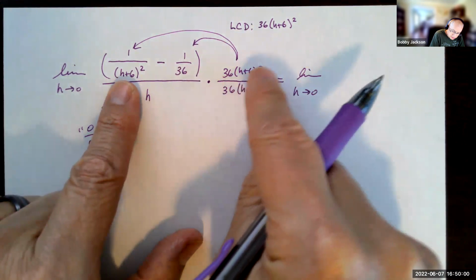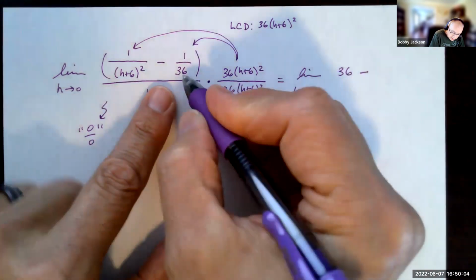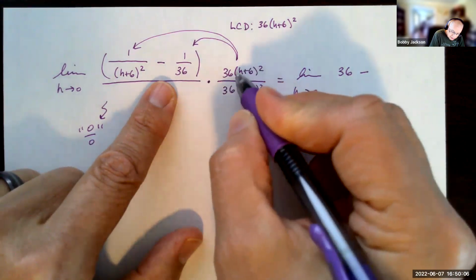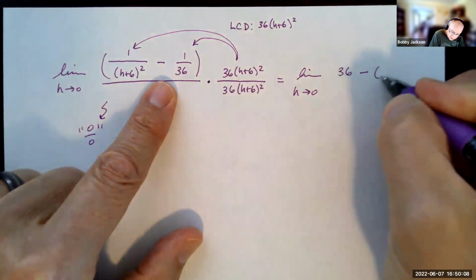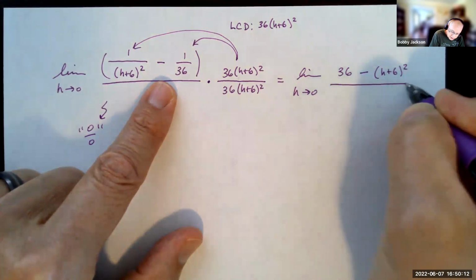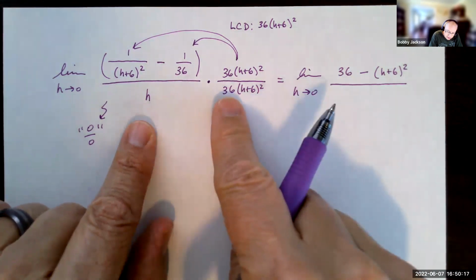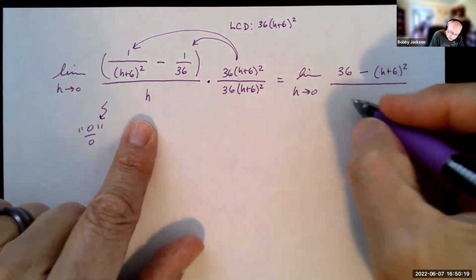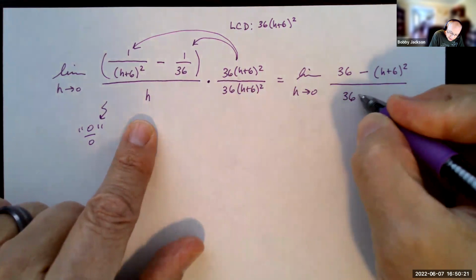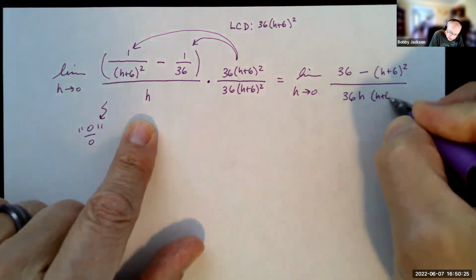Here, the 36 will cancel, and you're left with h plus 6 squared in parentheses. So I've cleared out the fractions. Now the bottom, I've got h times 36 times h plus 6 squared. I'm going to bring the 36 in front: 36h times h plus 6 squared.